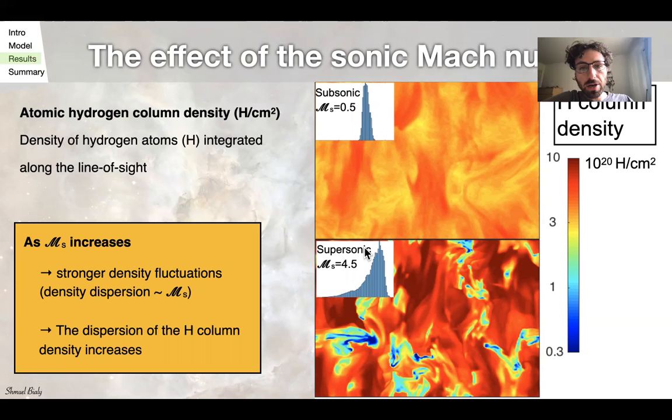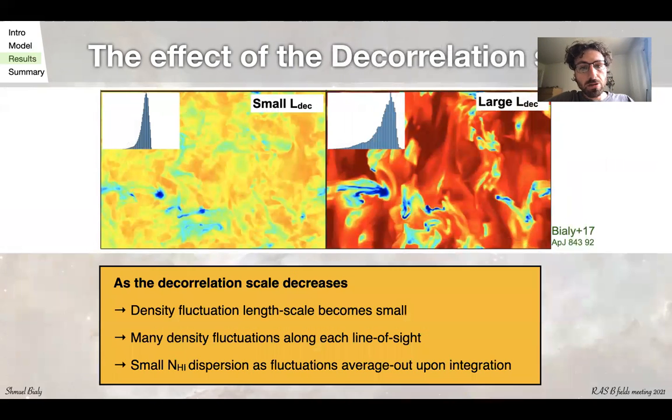In fact, the other parameter that is important, and that's what makes this so interesting, is the decorrelation scale. And what do I mean by this? The density fluctuations are not only described by their magnitude, but how strong they are, but also by their size scale, if they're small in size or large in size. And this has a big effect on the chemistry and the observations of H1 in this example, but also other molecules.